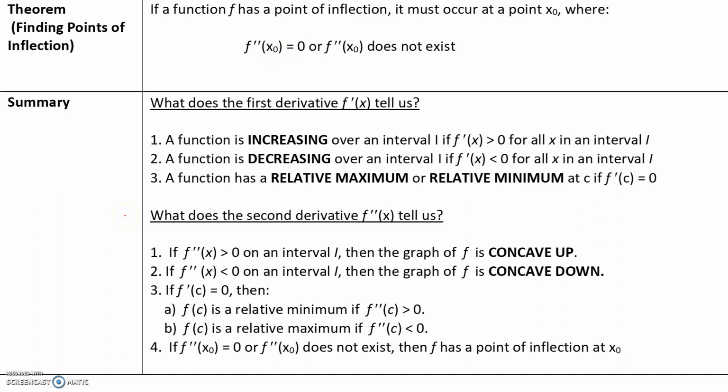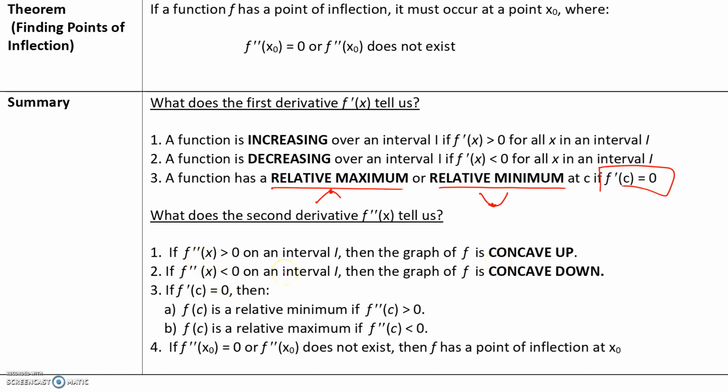So here's a quick summary. What does the first derivative, f prime, tell us? It tells us if a function is increasing or decreasing, and it tells us that if the first derivative is equal to 0, then we have a relative maximum or a relative minimum, which basically is a turning point. For the second derivative, if it is greater than 0, then it's concave up.